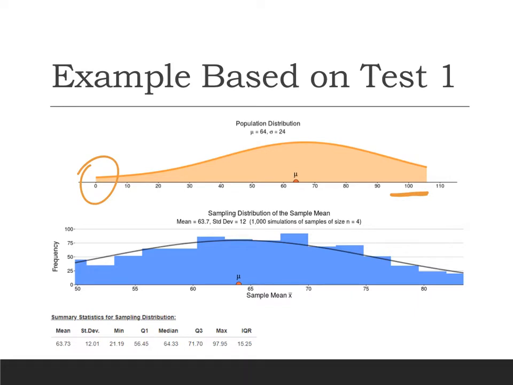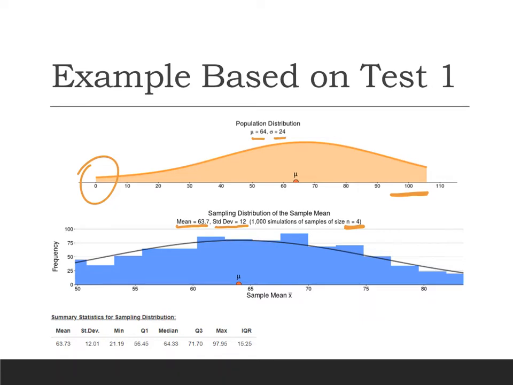That's very spread out. This is a great illustration of a real-life example where I took samples of size 4 from this distribution, with the mean and standard deviation based on our class and this non-normal shape. If we look at the mean and the standard deviation of this distribution, which we call the standard error, we notice that they're related to the population mean and the population standard deviation.